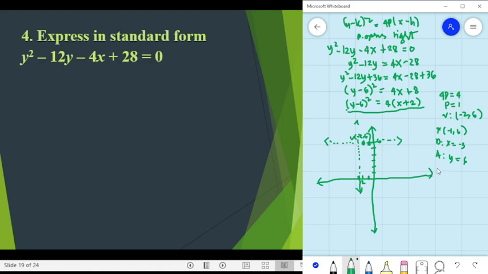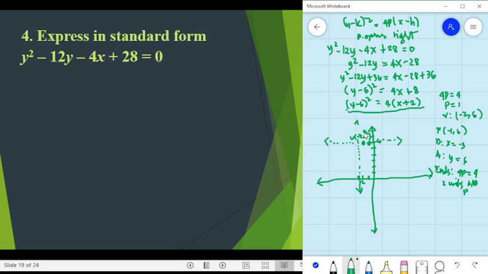Okay? Then, the ends of the latus rectum. So, since 4p equals 4, right? It should be 2 units, you count above or below the focus. Okay, so from here, count 1, 2, 1, 2.